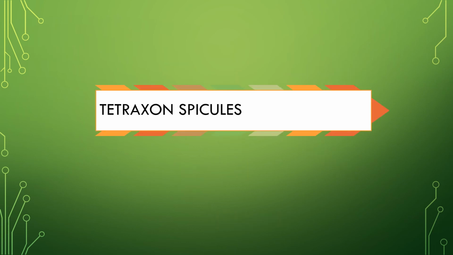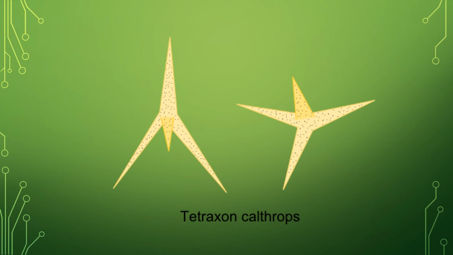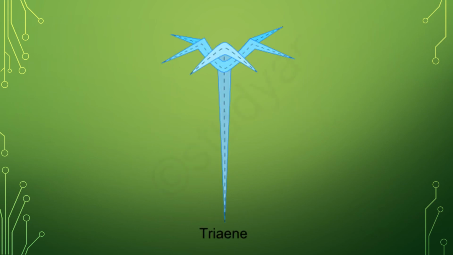Tetraxon spicules. They have four rays radiating in different planes from a common point. Tetraxons are divided into the following types. Here, first one is calthrops. All the four rays are equal. Second one is triaene.